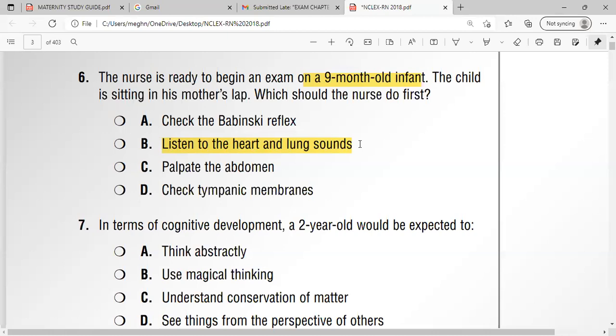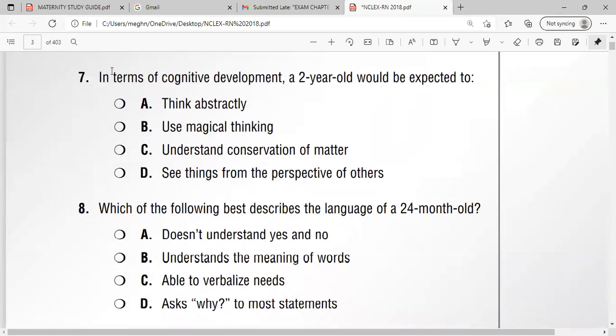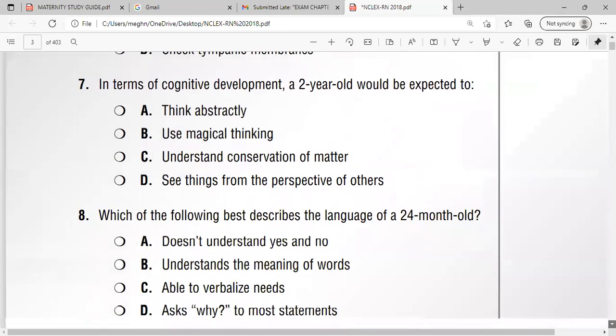So therefore, the answer is number B. Next question here.